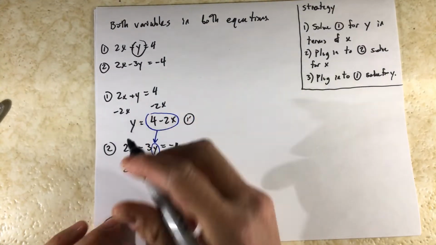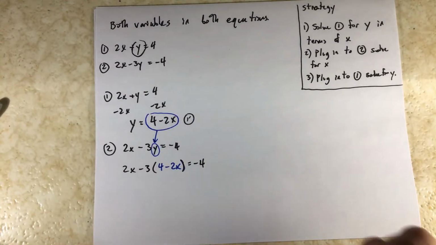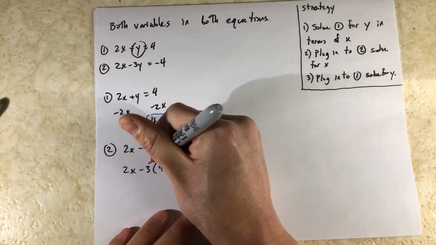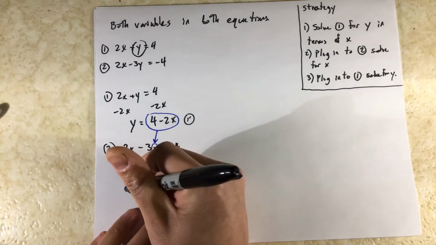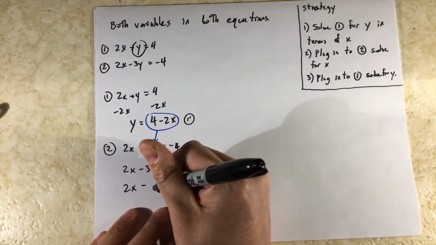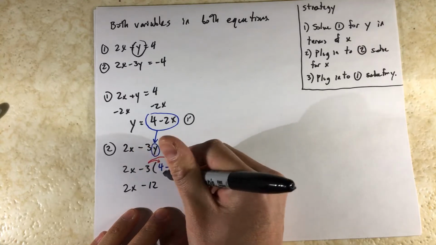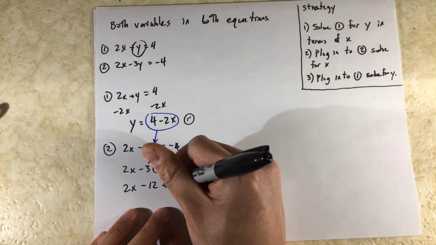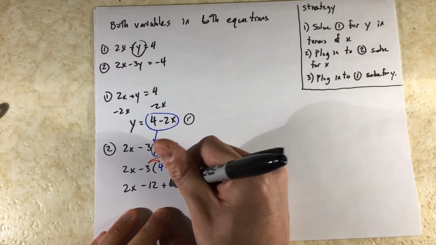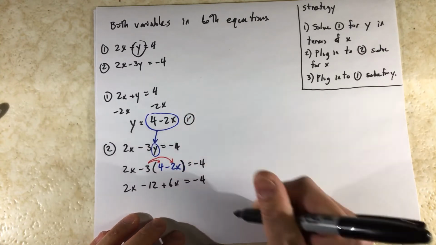Then we're going to distribute the negative 3. So I get 2x minus 12, negative 3 times 4, and then negative 3 times negative 2x, a double negative, so I get plus 6x, equals negative 4.